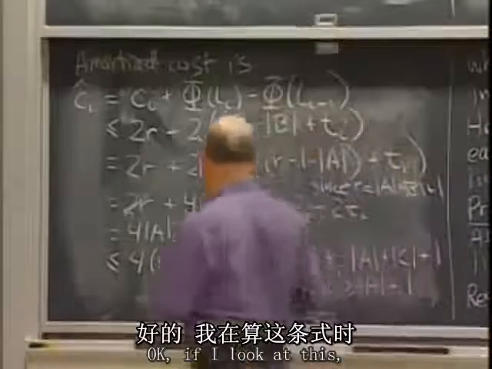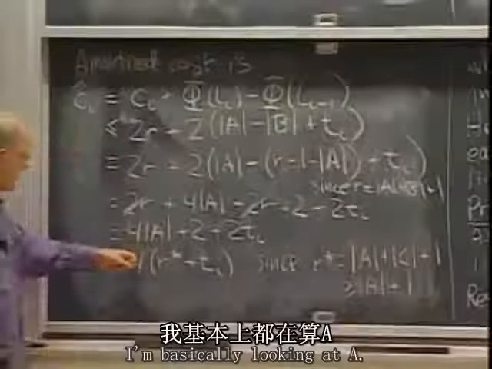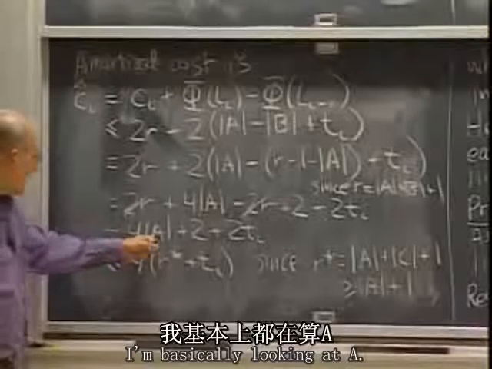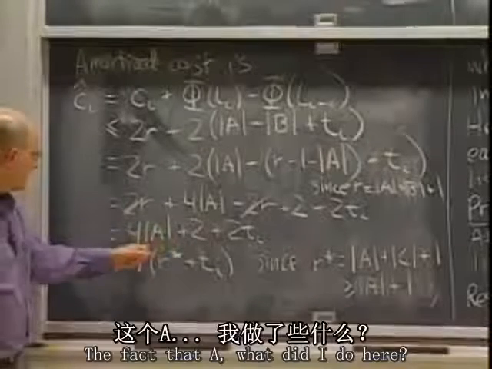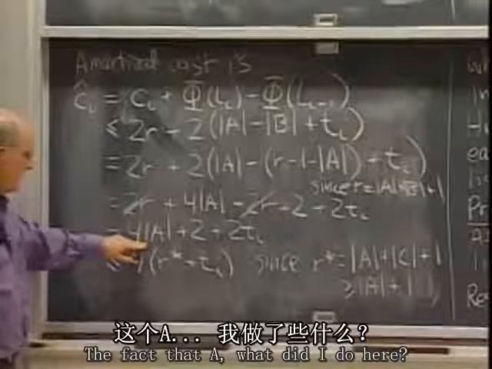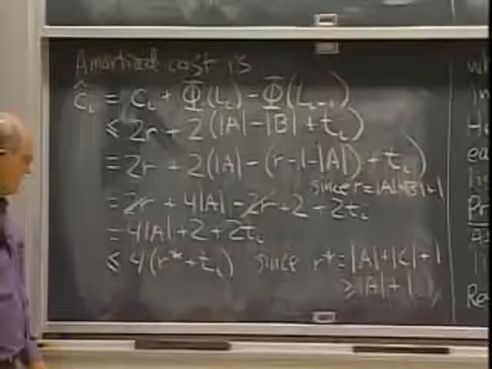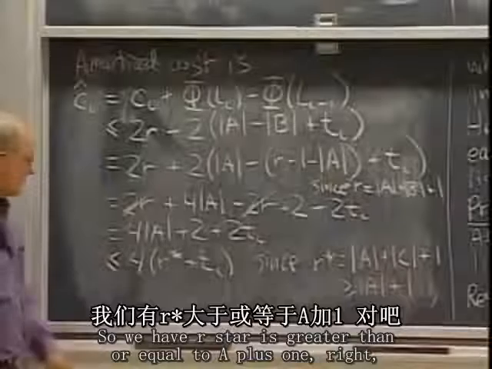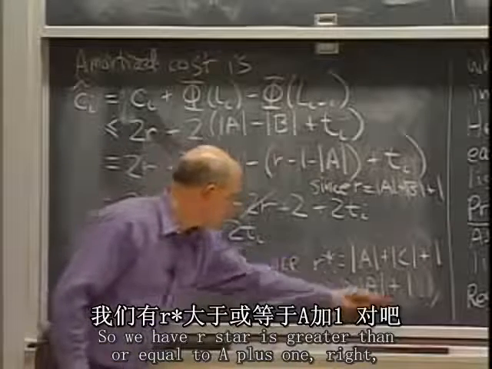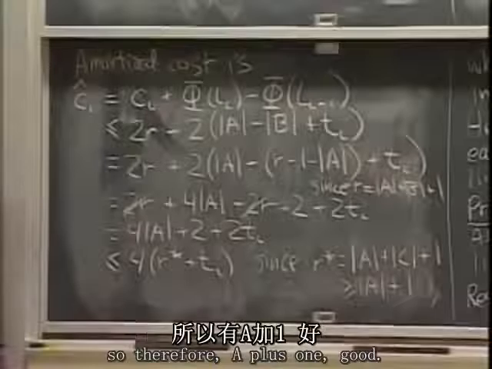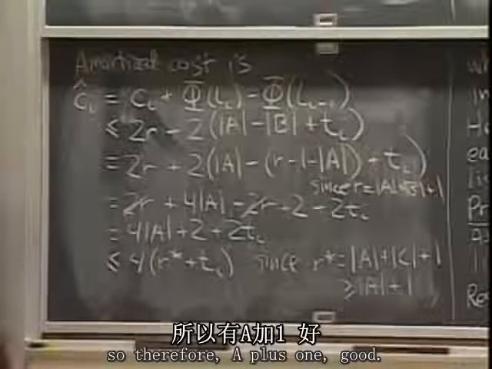So if I look at this, I'm basically looking at the fact that r star is greater than or equal to a plus 1, right? So therefore, a plus 1, good.